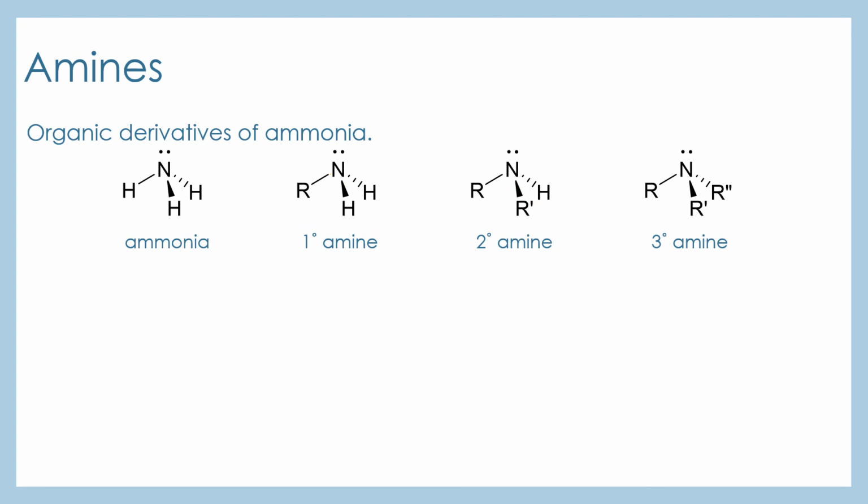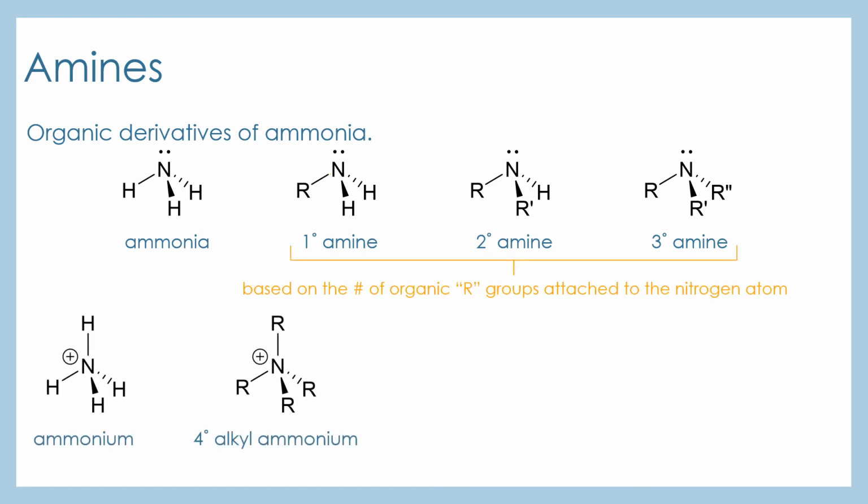So slightly different classification system from alcohols and alkyl halides. You can also have quaternary amines, but they are then called ammonium because they're going to have a positive charge on the nitrogen. So your inorganic molecules here, ammonia and ammonium, are directly related to their organic derivatives.